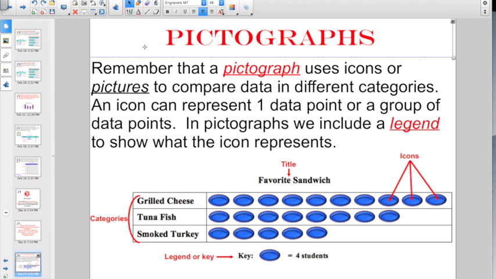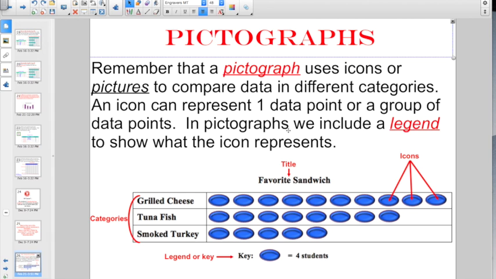All right, so our next section we're going to go and talk about now is called pictographs, and we touched on that back in Investigation 5 as well. Remember that a pictograph uses icons or pictures to compare data in different categories. An icon can represent one data point or a group of data points.